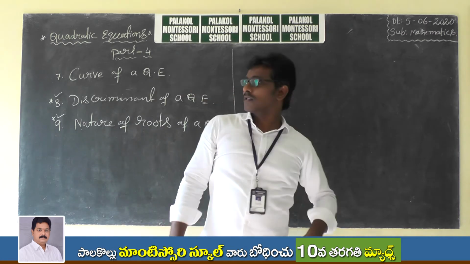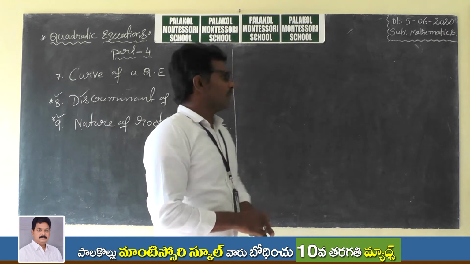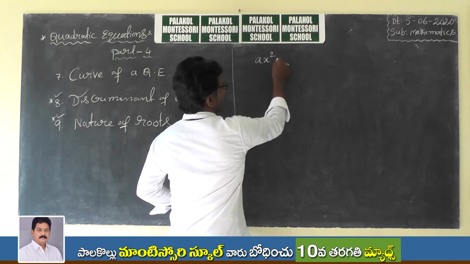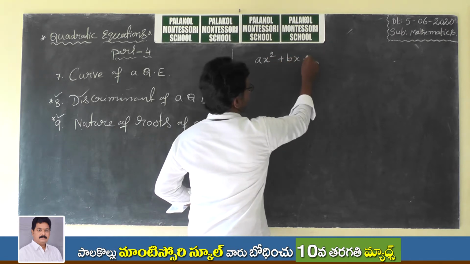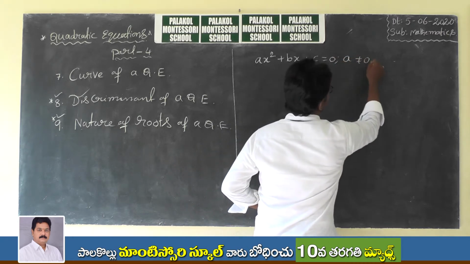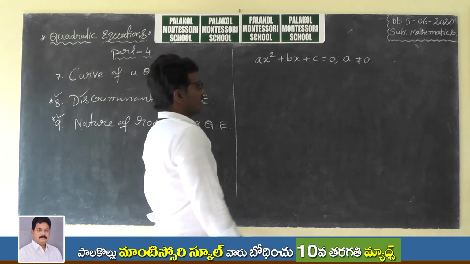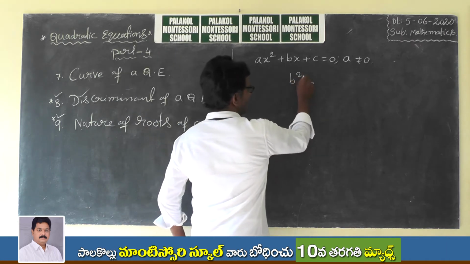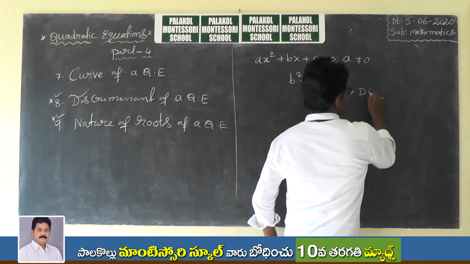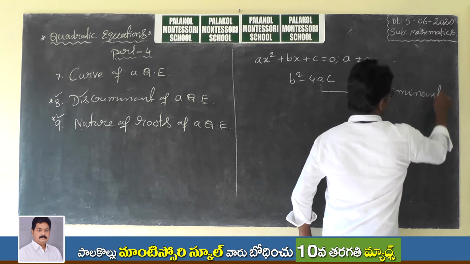Now, first we discuss the discriminant. Remember the standard form of the quadratic equation, ax square plus bx plus c equal to 0, a not equal to 0. Here, b square minus 4ac is called the discriminant.